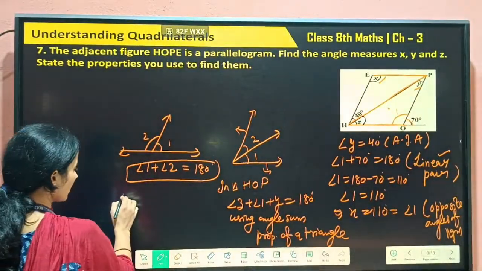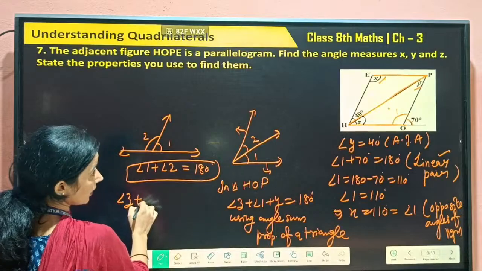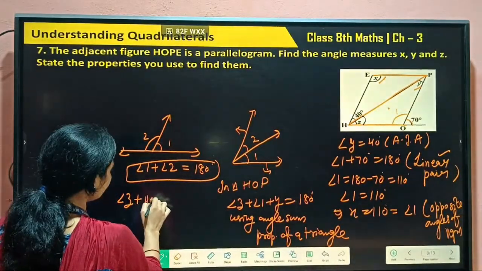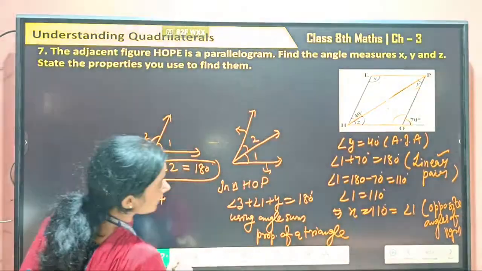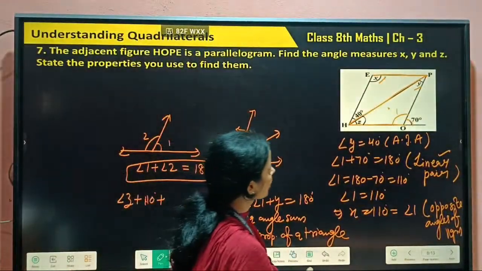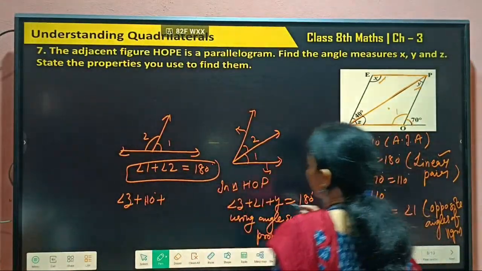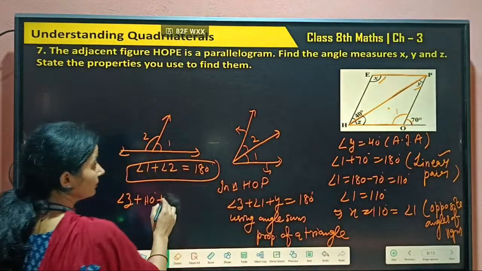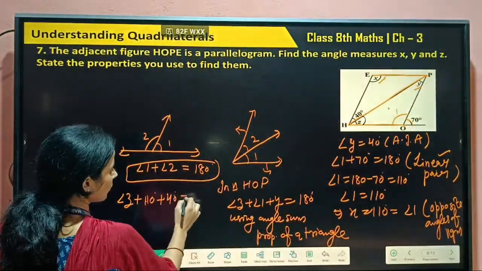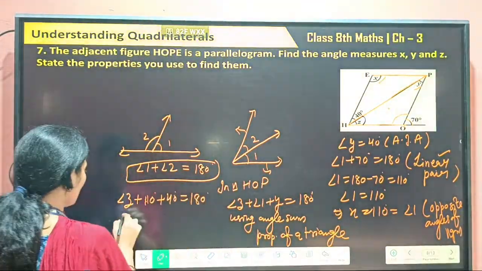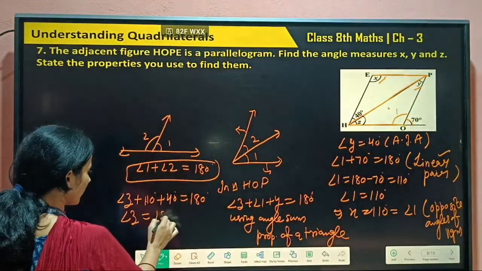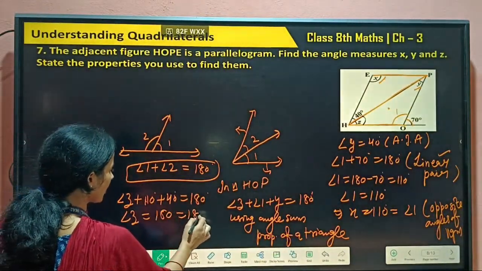Angle z as it is, angle 1 is 110 plus angle y is 40 degrees equals 180 degrees. Angle z plus 150 equals 180.